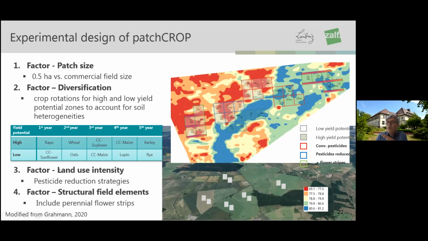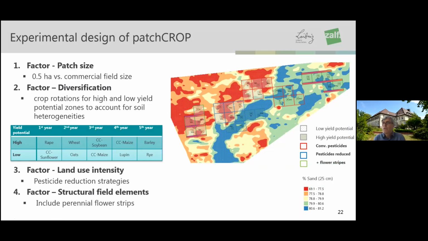We also have a factor on land use intensity, where we have replicated the rotations that we run under conventional farming by a treatment with reduced pesticide use in these 70 hectares, but also in the surrounding fields. And we have introduced structural elements like flower strips in order to see whether there's a benefit from these additional structural units on perhaps the reduction of pesticide use, etc.